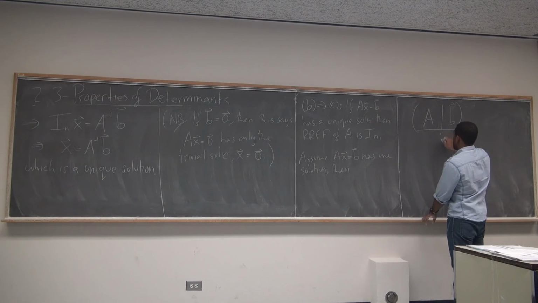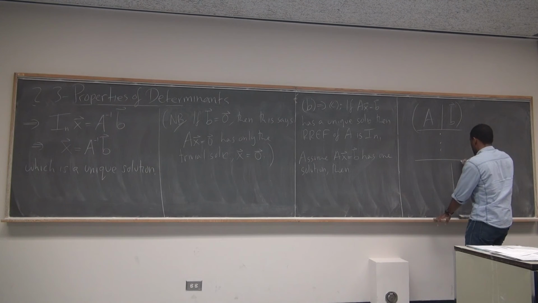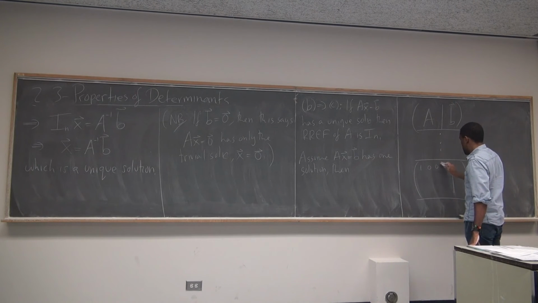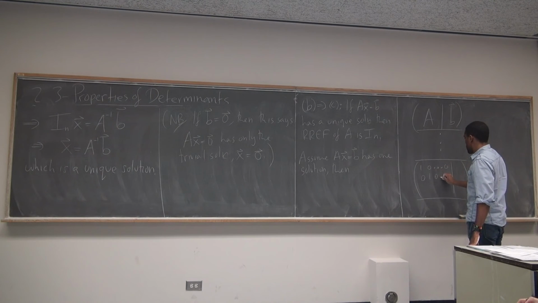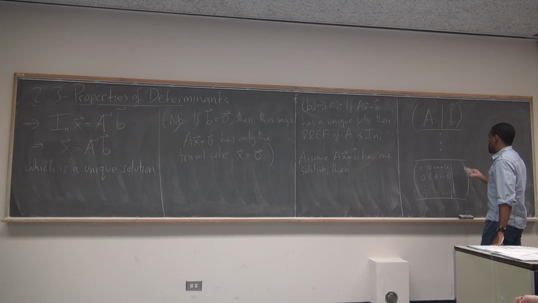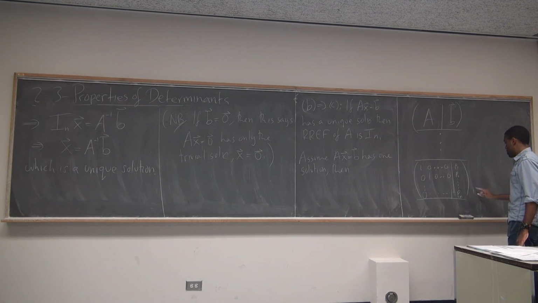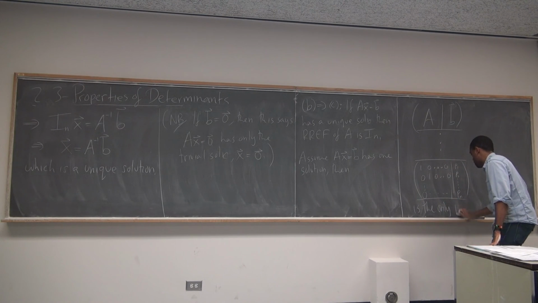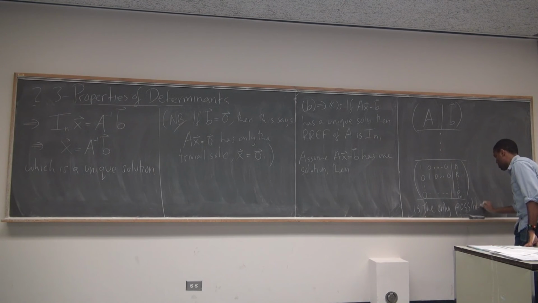Then it means that this augmented matrix, if I do all these row operations, let's call this P1, P2, is the only possible reduction.